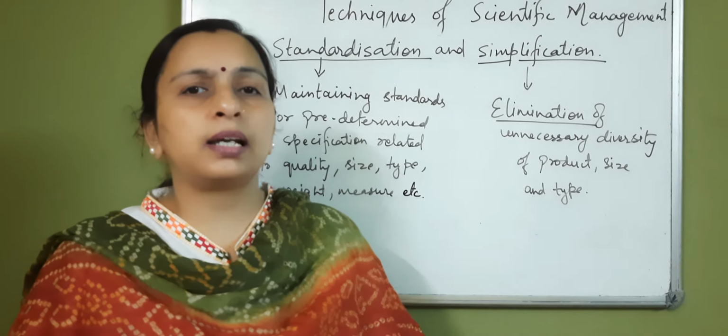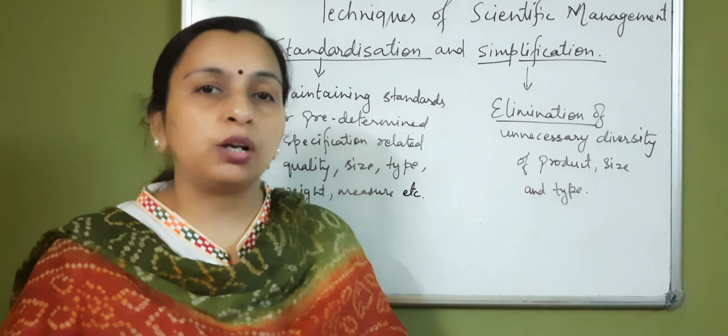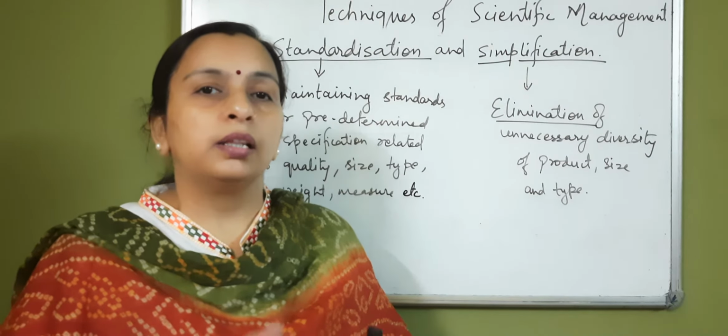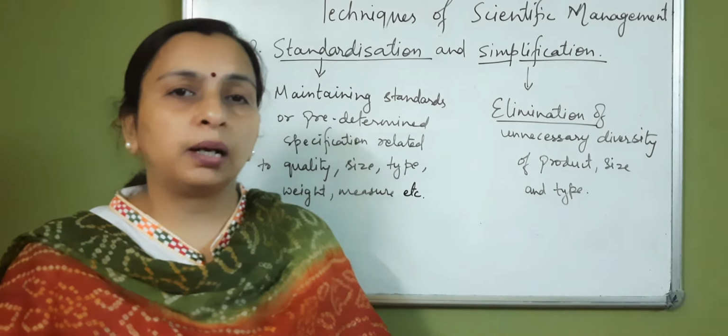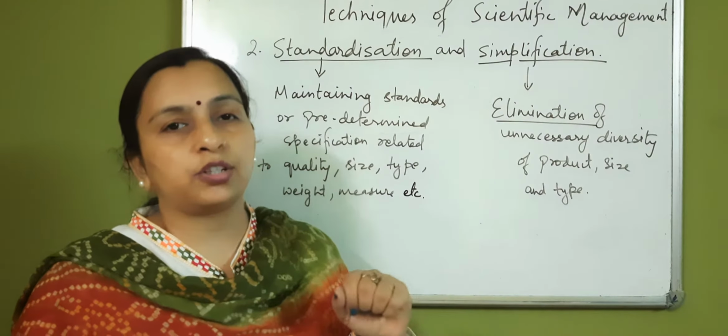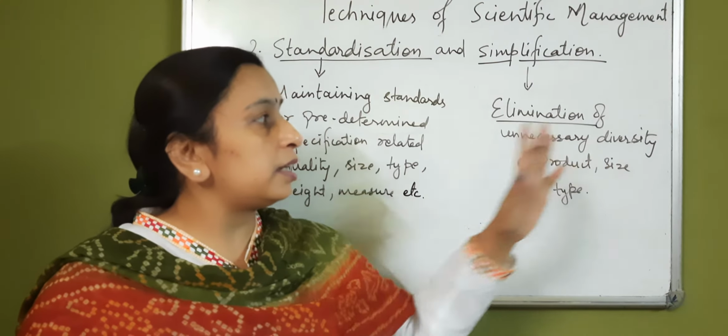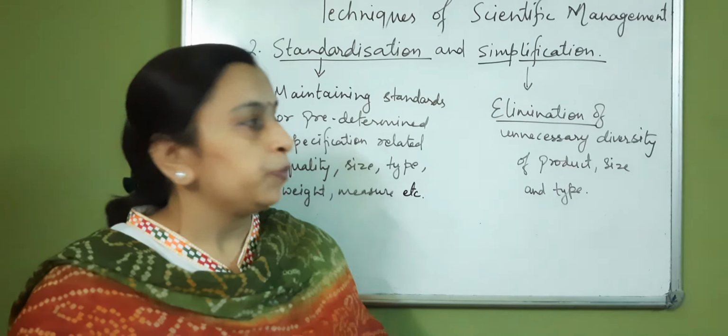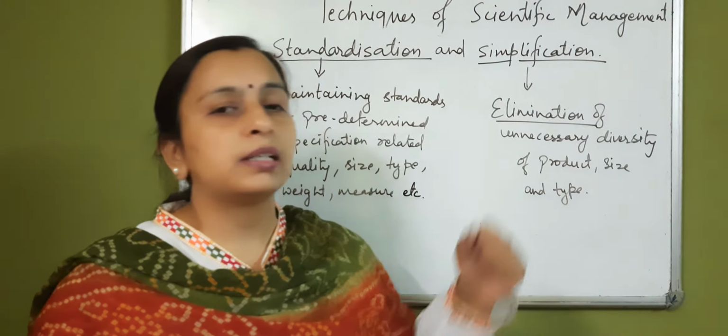A lot of products are there. Those products which are not doing well in the market, whose profit is not up to the mark, the company should stop production of that particular product. That is simplification, to eliminate unnecessary diversity in product or size.